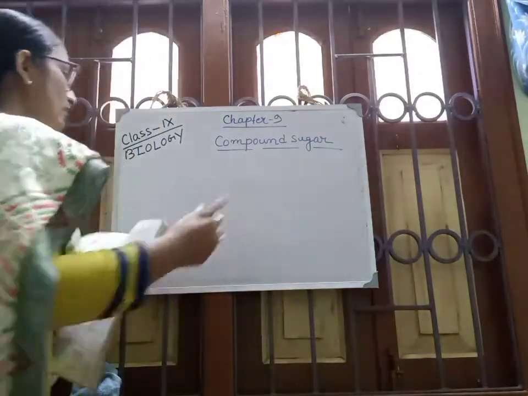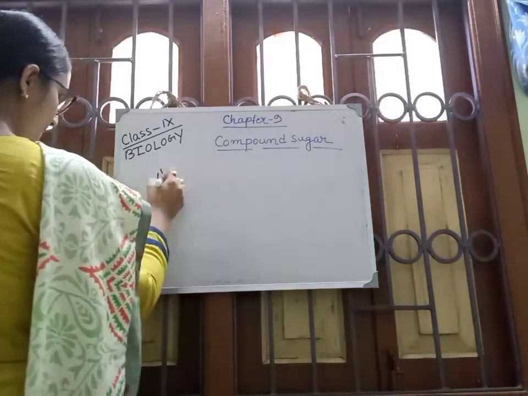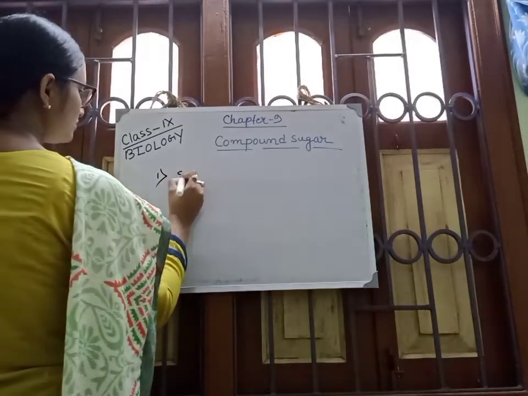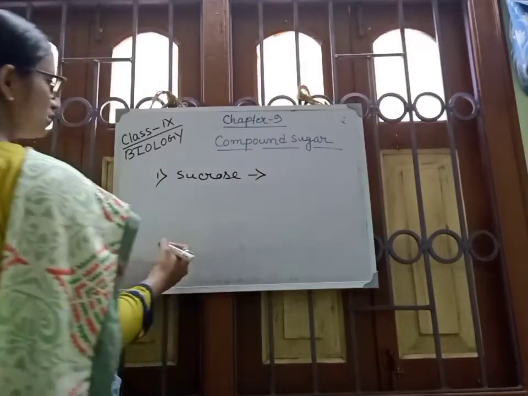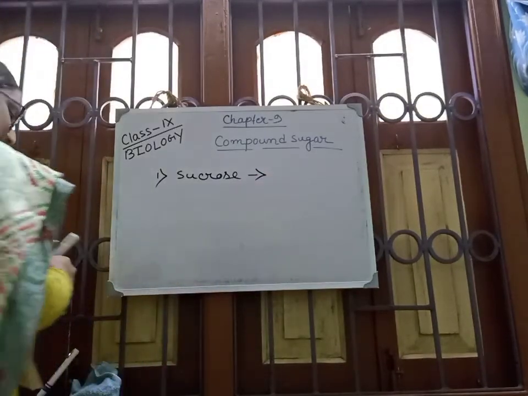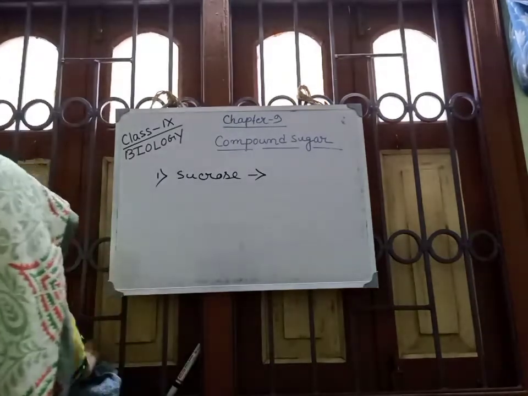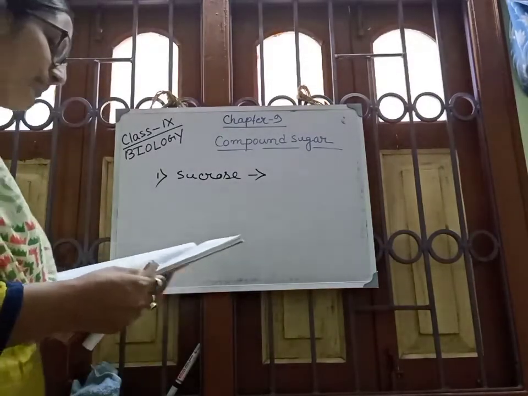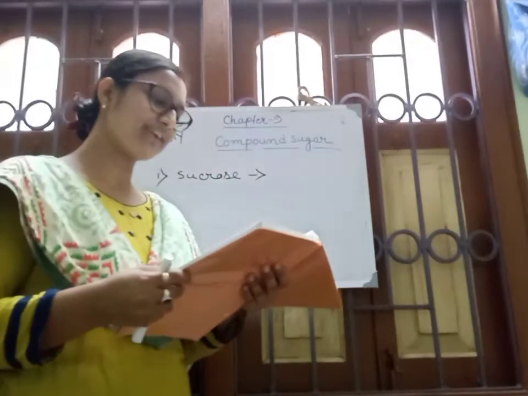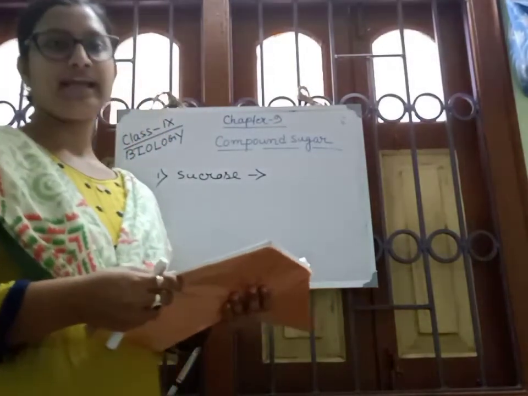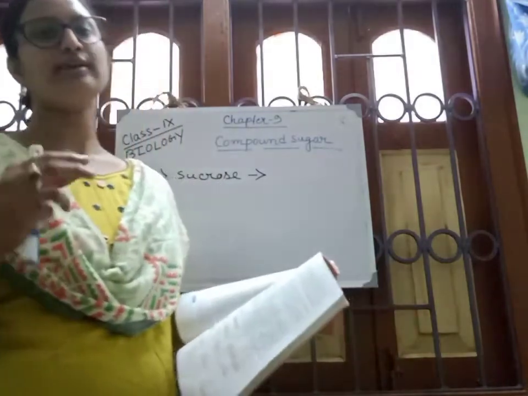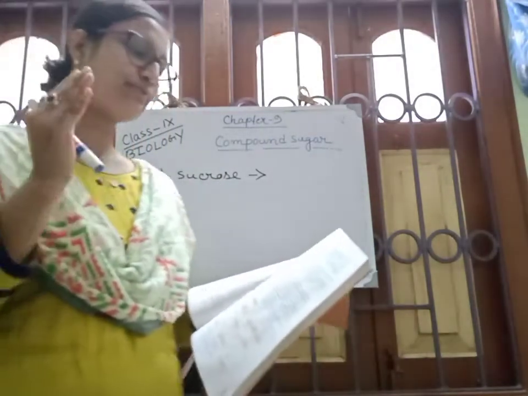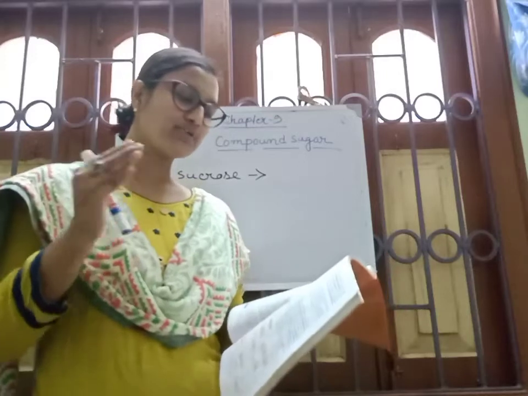The different types of compound sugars are given in your book, one by one. First one, sucrose. Sucrose is a disaccharide, or compound sugar, used at home, and commercially it is produced from sugar cane and sugar beet.